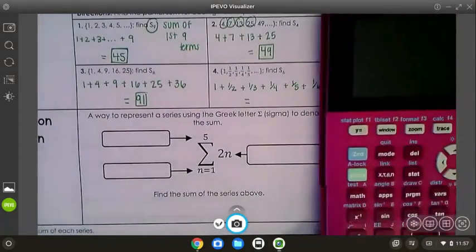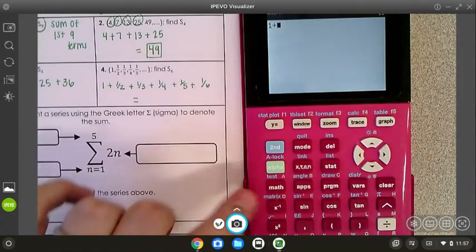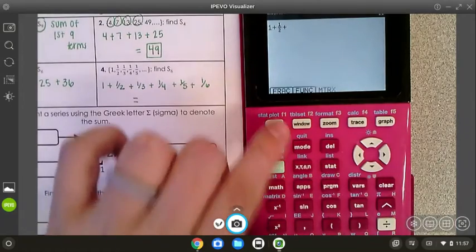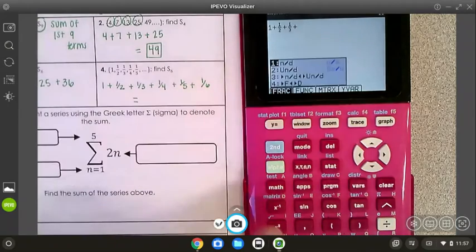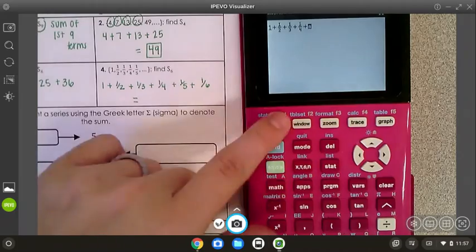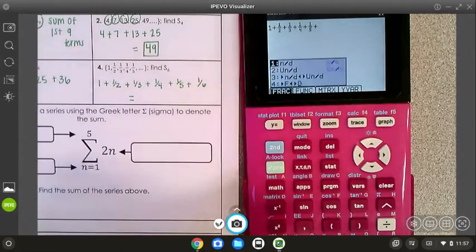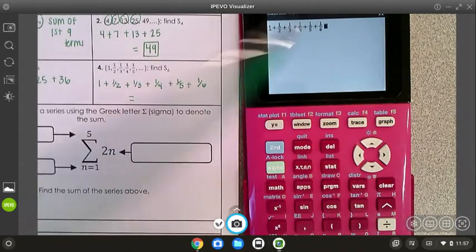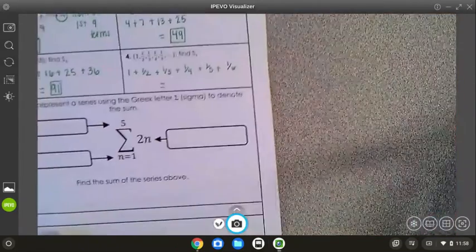That one's going to be annoying to type in. 1 plus 1/2 plus 1/3 plus 1/4 plus 1/5 plus 1/6. So this is 1, 2, 3, 4, 5, 6 terms. 49 over 20.